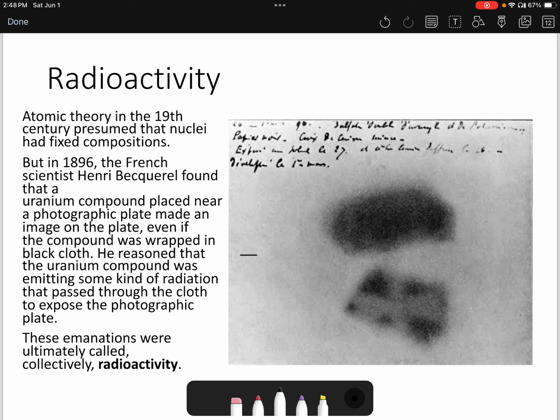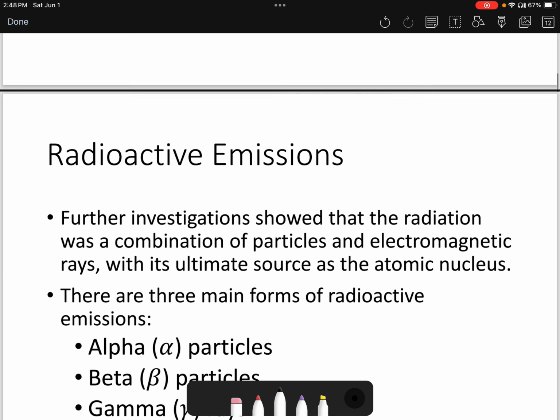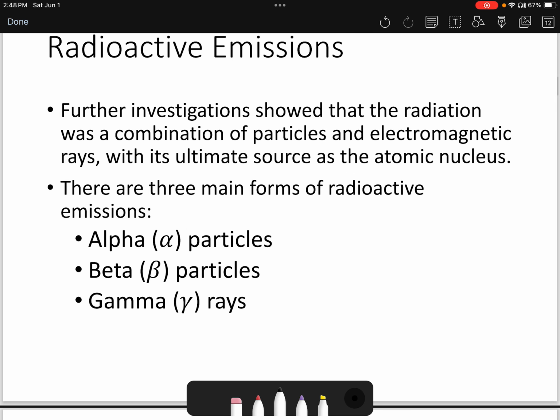You can see the plate here on the side, and you can see where the uranium was. Further investigation showed that radiation was a combination of particles and electromagnetic rays, and the ultimate source of these particles and rays was the atomic nucleus.